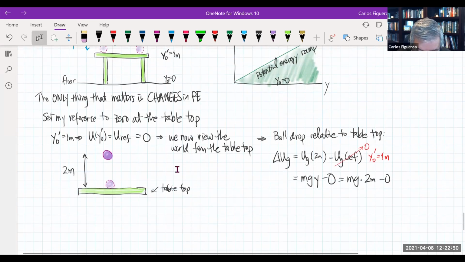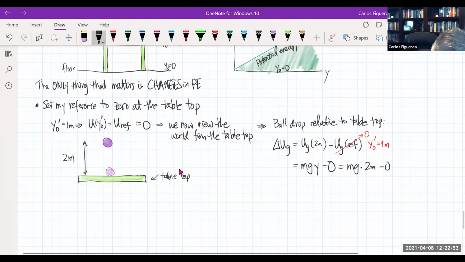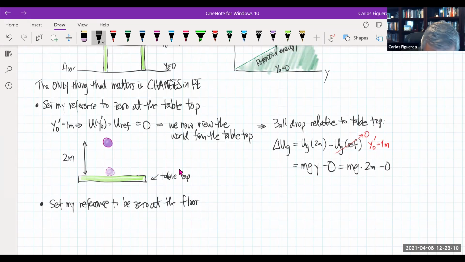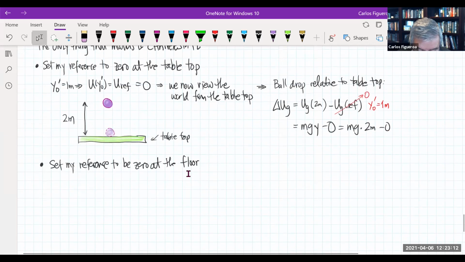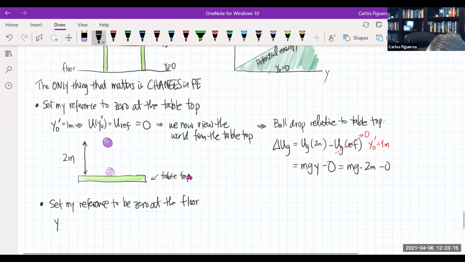But I don't have to view that world in this way. What I can also do is set my reference to be 0 at the floor. So in other words, if I set y equal to 0, this is where I'm going to define my potential energy to be 0.